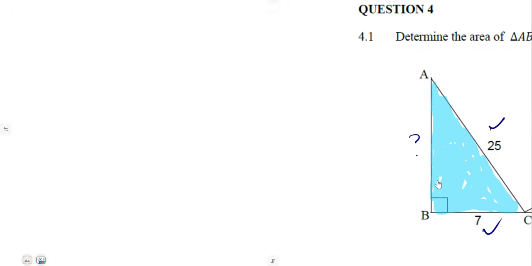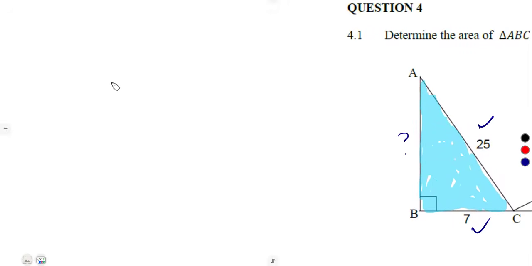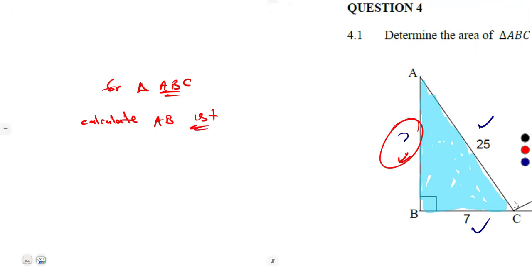So let's start with the triangle ABC. For triangle ABC, we're going to calculate AB first, the length of AB, using Pythagoras theorem.